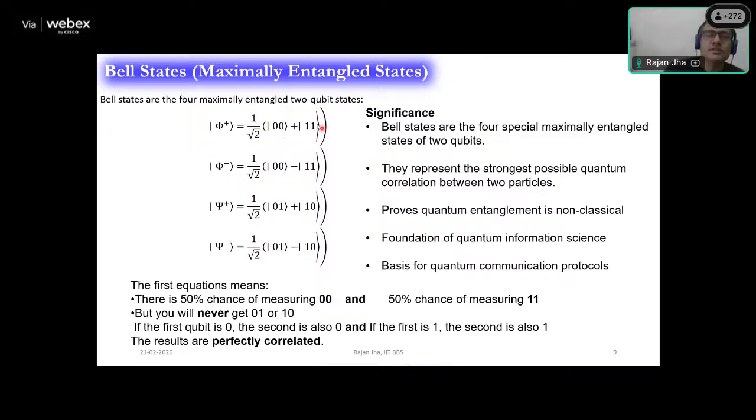What does the first equation mean? That there is a 50% chance of measuring the 0, 0 state, and you can also put it in vertical or horizontal. So from this equation, we mean that there is a 50% chance of measuring the 0, 0 state, and 50% chance of measuring the 1, 1 state. But in this equation, you will never get 0, 1 or 1, 0.